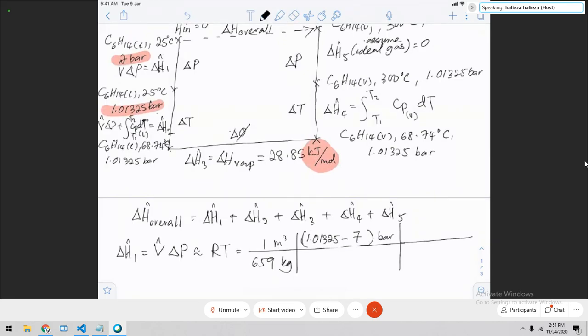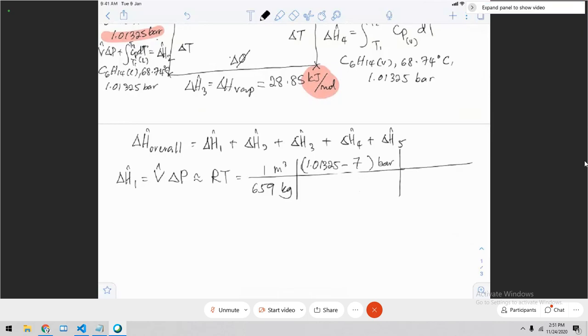So what else to do next? Convert this to kilojoule per mole. How are we going to go about that? M cube times bar is kilojoule, but it's not exact.